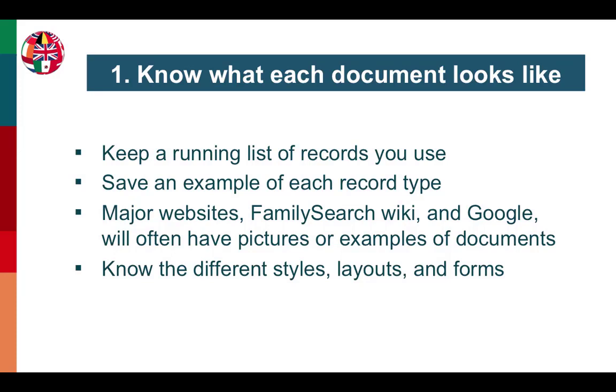Lots of major websites have digital images now. Also the FamilySearch Wiki and Google. You can Google naturalization document, and you can sometimes find pictures of naturalization documents or whatever document you're looking for. Also, know the different styles, layouts, and forms of different record types.